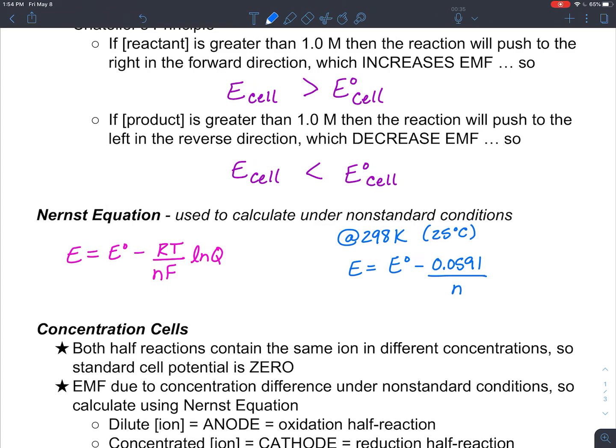Because the only thing in this expression that we don't know is n. So we can multiply R times 298 divided by Faraday's constant, and that would give us 0.0591.